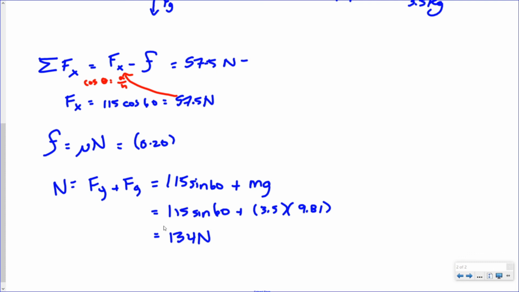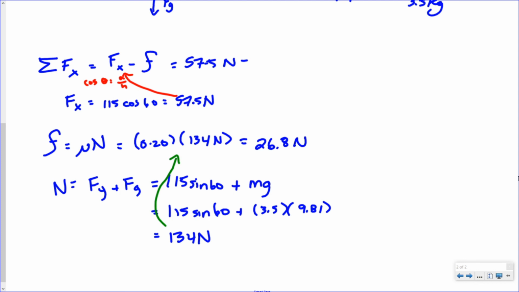Oh yeah, right, so we could plug it into this part right here. So we plug in 134 newtons. So if you still have that in your calculator, just put times 0.2, gives me 26.8 newtons. That's our force of friction.